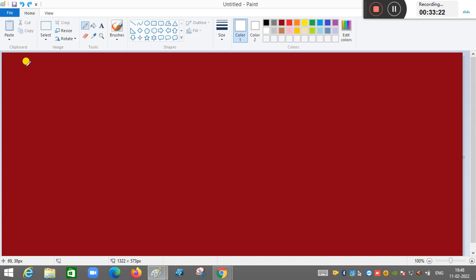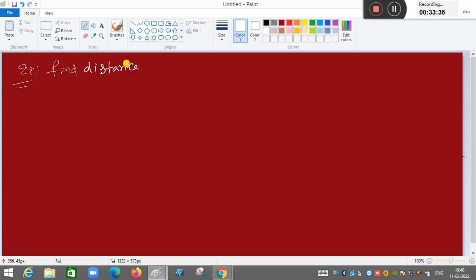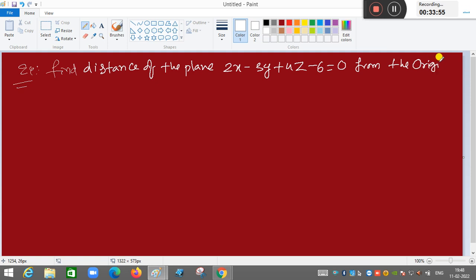Next we take one more example. Find the distance of the plane 2x minus 3y plus 4z minus 6 equal to 0 from the horizon.